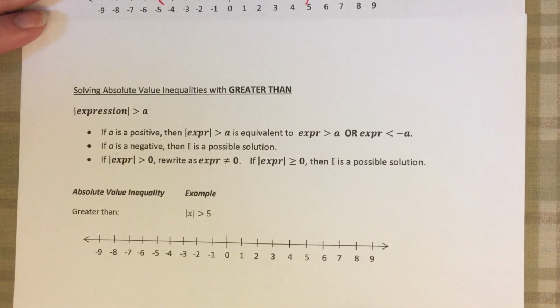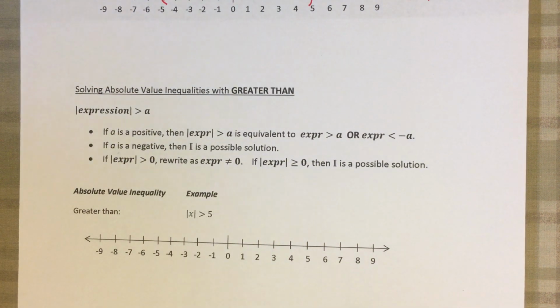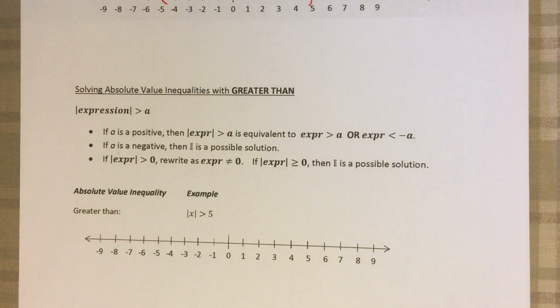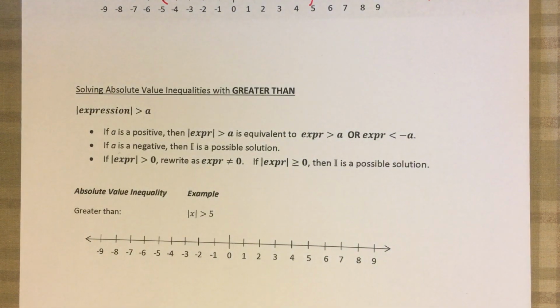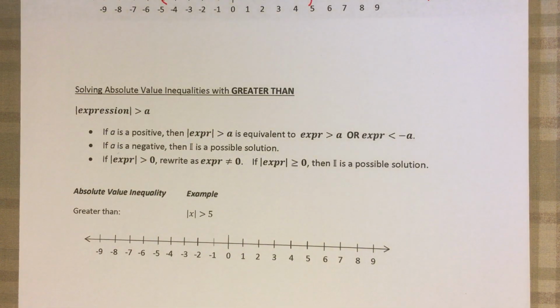All right, so down at the bottom of the page, we have our other type of inequality symbol, a greater than symbol. As we're going through and we're solving these, the first thing we want to do is look at what type of inequality symbol we have. Do we have a less than or equal to, or do we have a greater than or equal to?